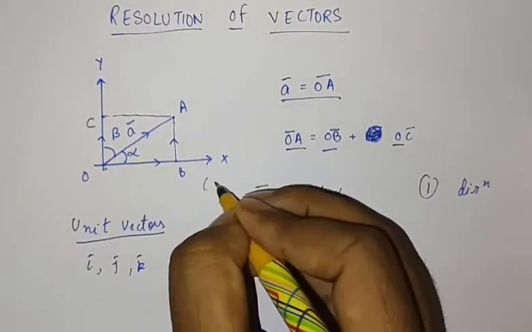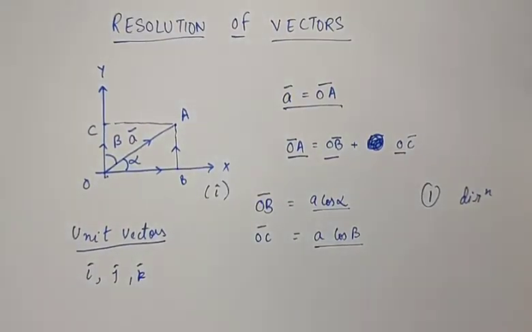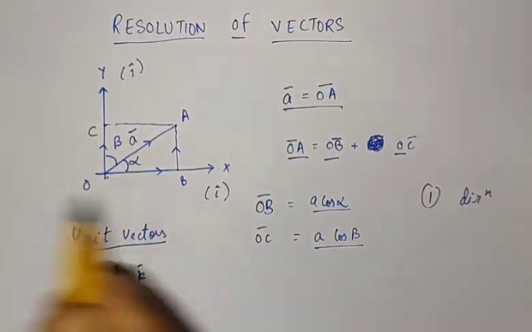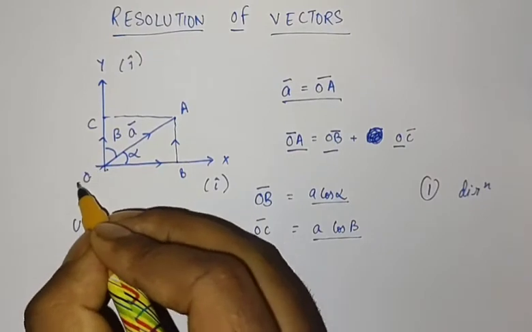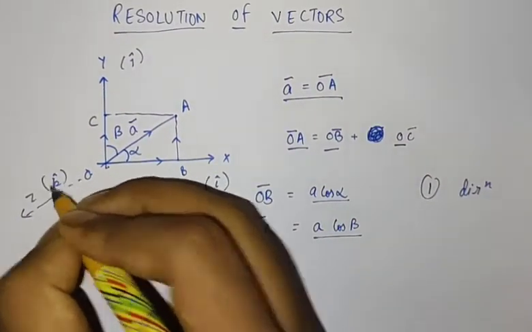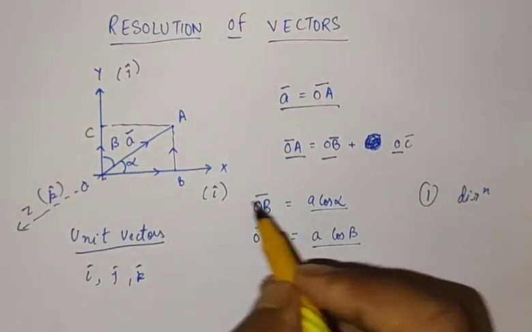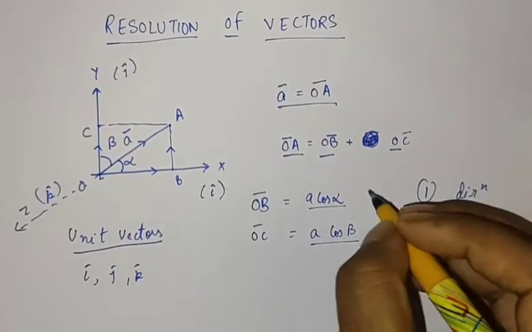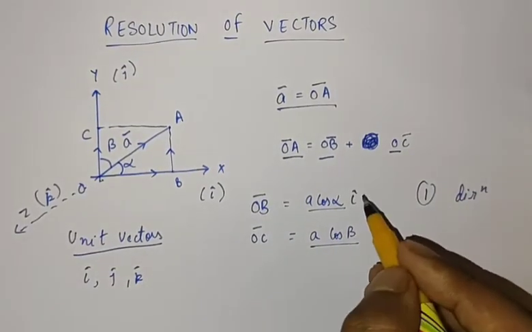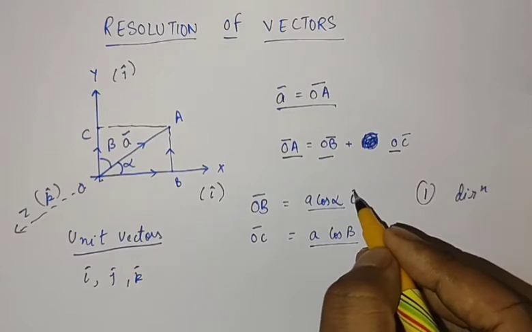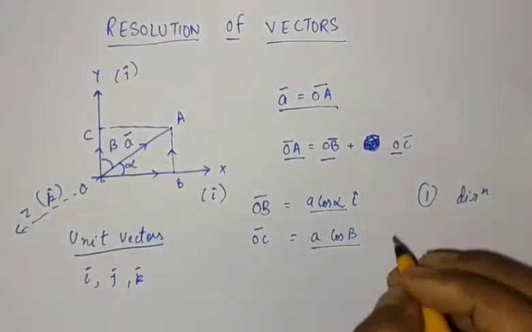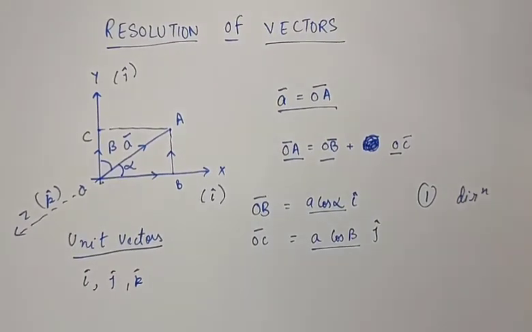So if something is moving towards the x-axis, we assign it the unit vector I. If it is moving along the y-axis, we assign it the unit vector J. And if it is moving along the z-axis, which will come out of the plane, we assign it the unit vector K. So OB is towards the x direction, so we write A cos alpha I cap. We say cap because we're making it wear a cap over I, so it's I cap. And A cos beta is towards the y direction, so we write it as J cap.